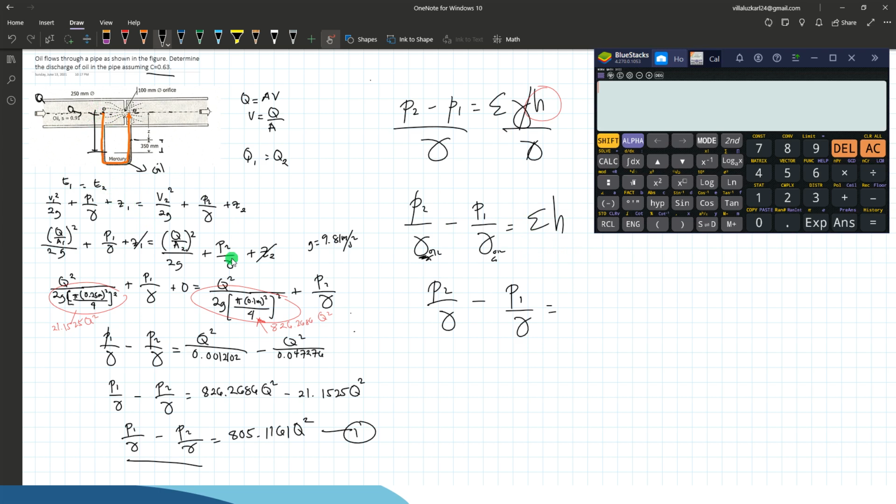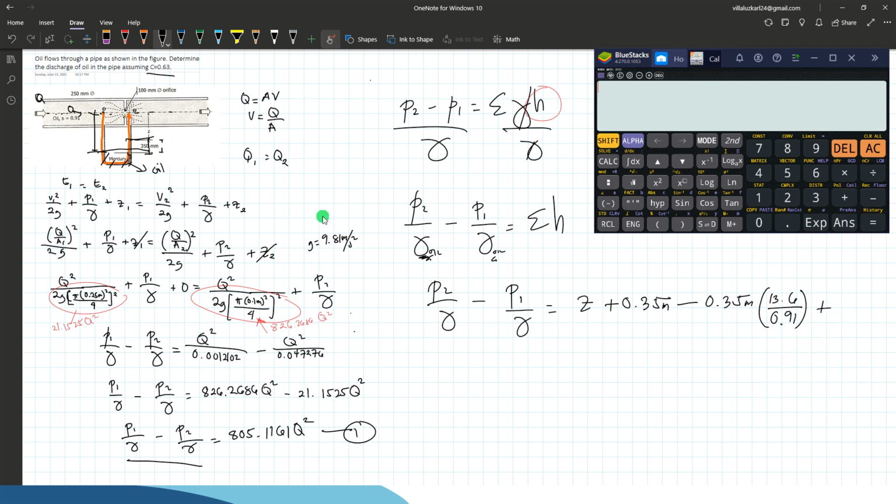So that's Z plus 0.35. Then we have mercury, so this height will be cancelled out, and only the 0.35 height remains. That is subtraction because we are going up, 0.35 in meters. This is mercury, so we convert it to oil by multiplying by the specific gravity of mercury, which is 13.6, over the specific gravity of the oil.